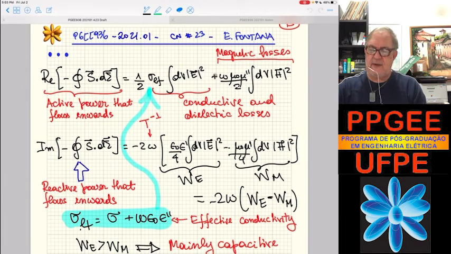You see that this is positive here. So it means that mu 2 prime is positive. So that's magnetic losses. This one has conductive and dielectric losses.